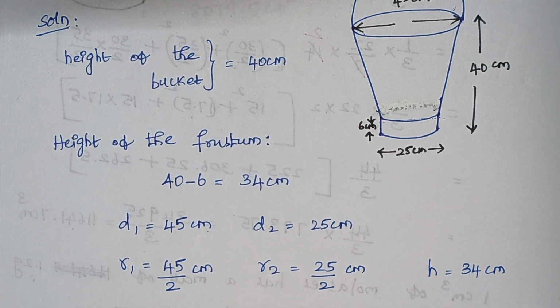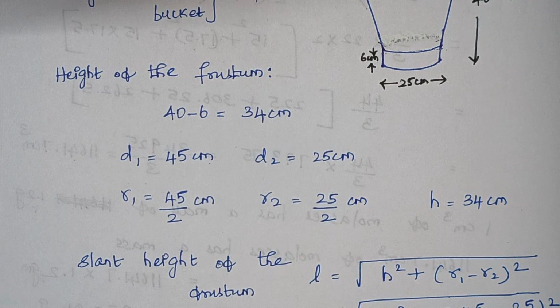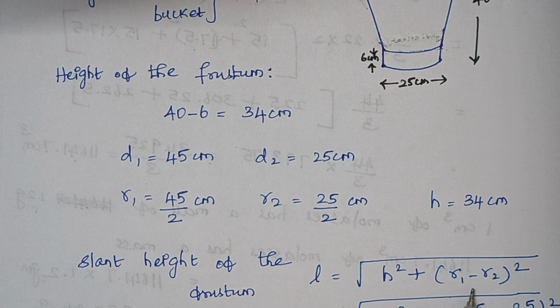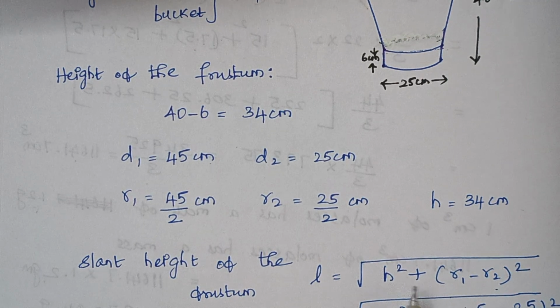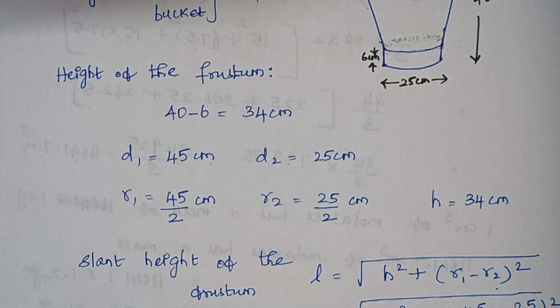Now the next step is to calculate the slant height of the frustum. How do we calculate the slant height? It is based upon the formula: L is equal to the square root of h squared plus (R1 minus R2) the whole squared. We know the values of h, R1 and R2, so just substitute the values.